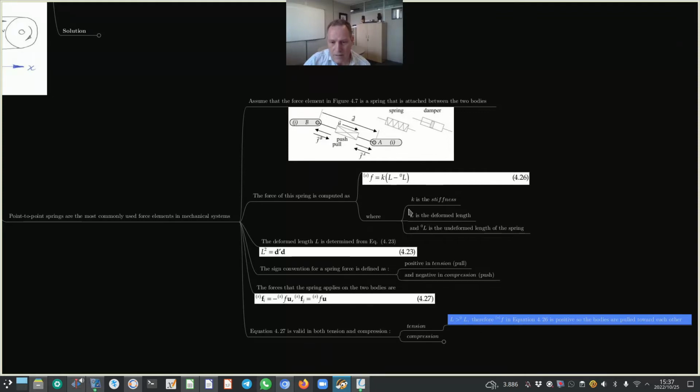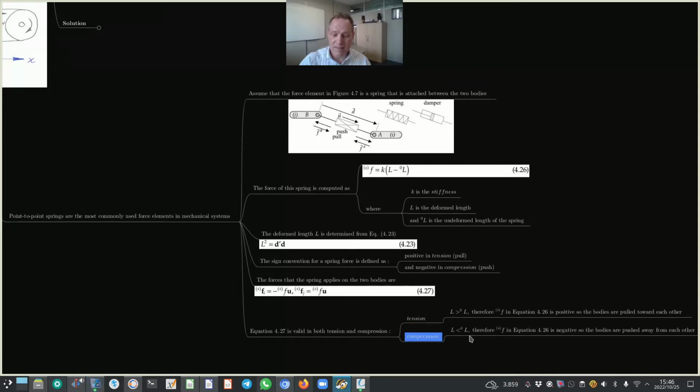Therefore, this spring force magnitude is positive. So the bodies are pulled toward each other. Right, and in compression, it's just the opposite. There, the deformed length is smaller than the undeformed length. Therefore, the spring force in equation 4.26 is negative. So the bodies are pushed away from each other.